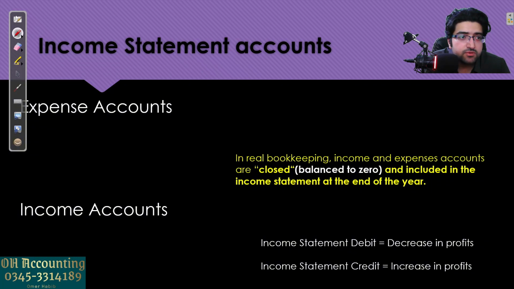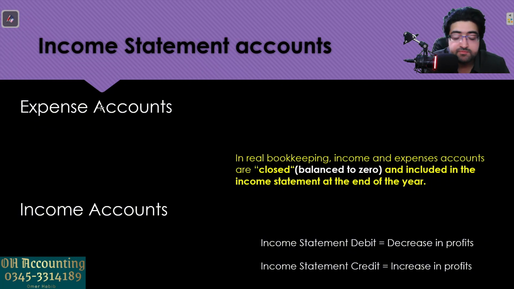One second, let me use the pen and then move it here. Okay, so the expense accounts and income accounts are usually closed and balanced to 0 at the end of the financial year. I will tell you why and how. Okay, unless there are some accruals or prepayments, which we will discuss in detail in chapter number 12.